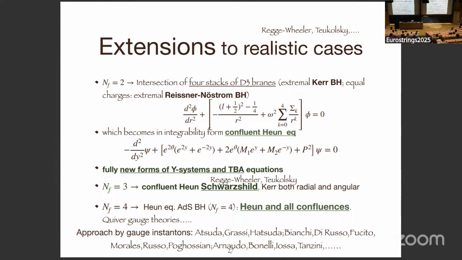And of course, I have to mention that there are people who, instead of using integrability, are using gauge instanton calculations to tackle these black hole computations using the partition function. But often they need information about the wave function, so they have to enlarge the gauge theory to be a quiver gauge theory, with a more complicated gauge group.